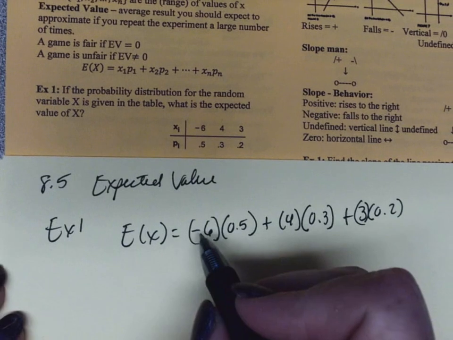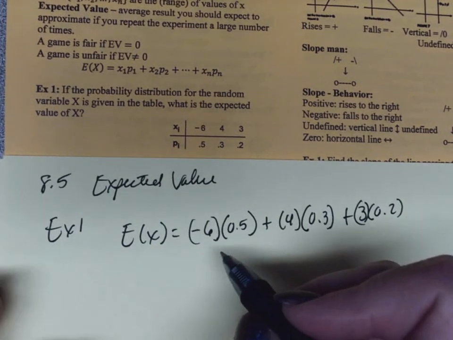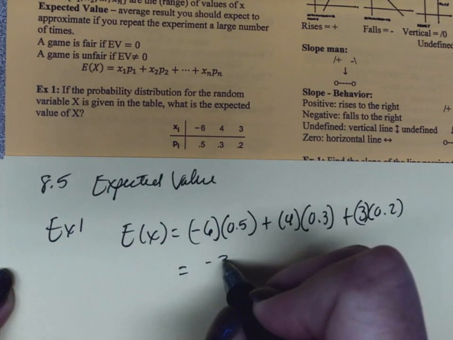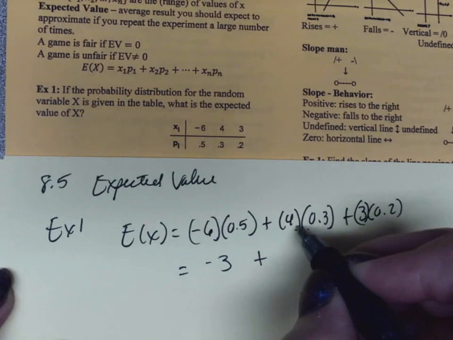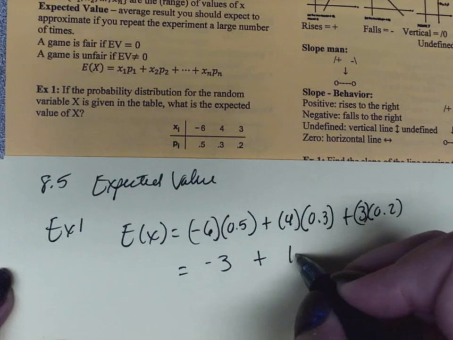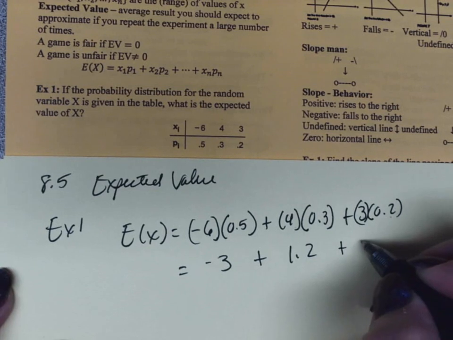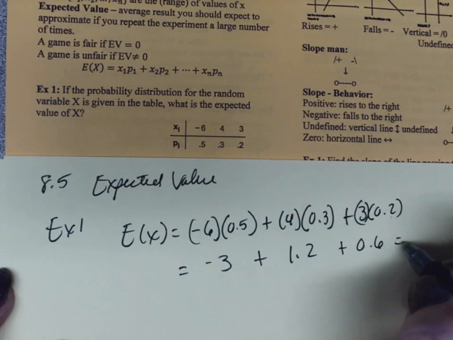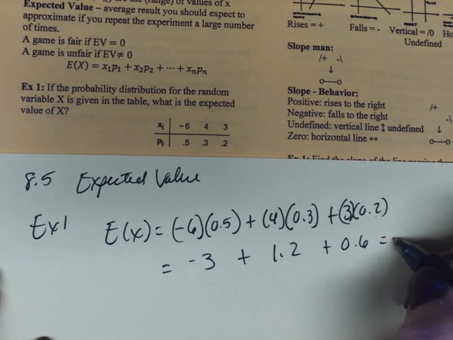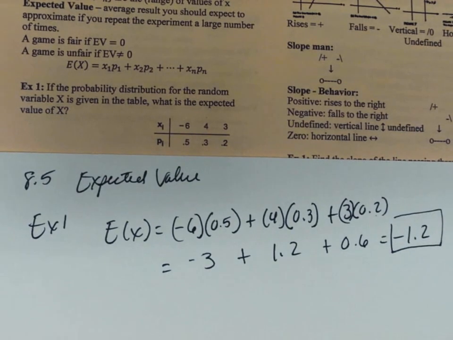As we multiply these, -6 times 0.5 will get us -3. 4 times 0.3 will get us 1.2. And 3 times 0.2 will get us 0.6. And when we add all that together, we get -1.2. And that would be our expected value for our problem.